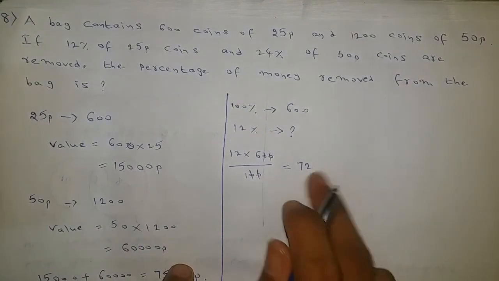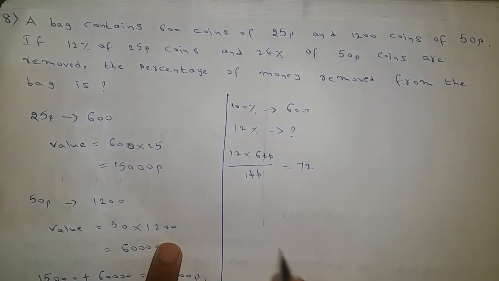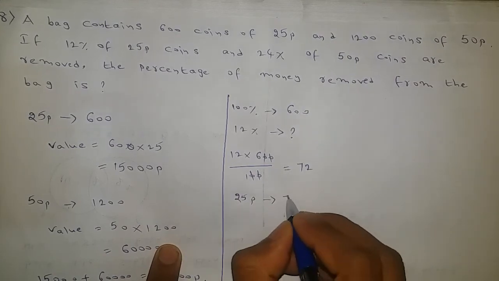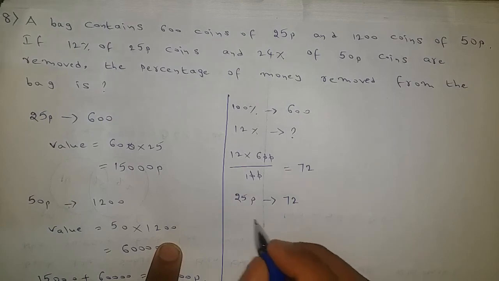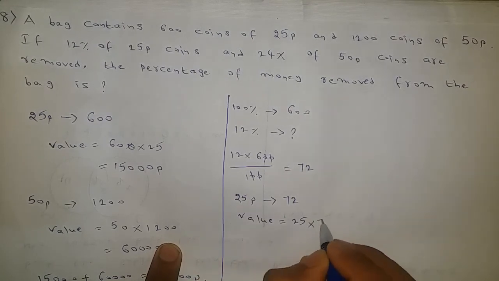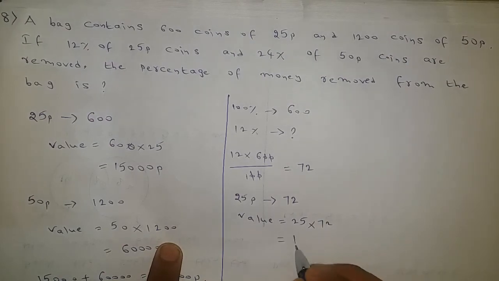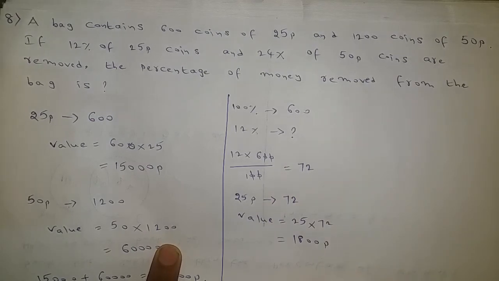What are we doing with the 72 coins? They are being removed. So 72 of the 25 paisa coins we are removing. Now let us find the value of the money we are removing. The value is equal to 25 paisa into 72 coins. 25 into 72 is nothing but 1800 paisa. So 1800 paisa we are removing.